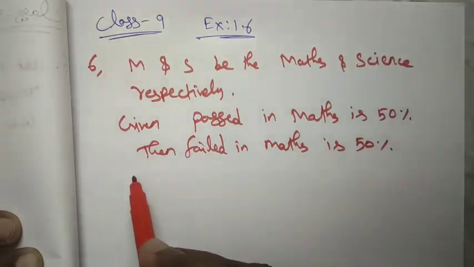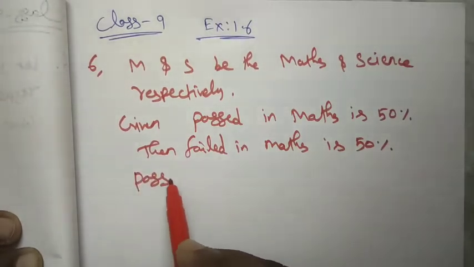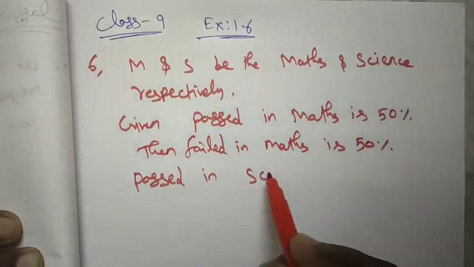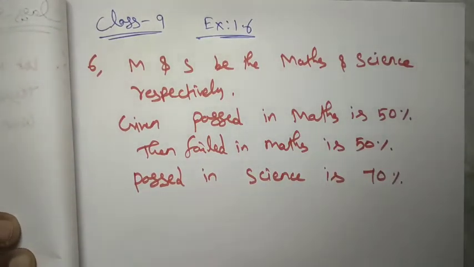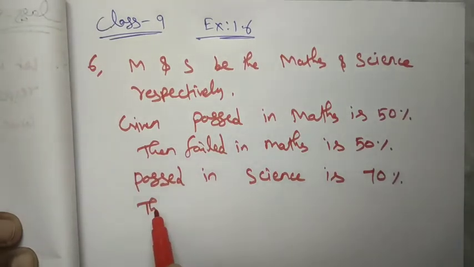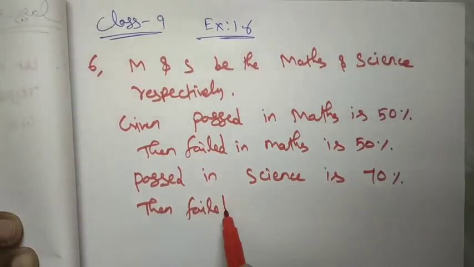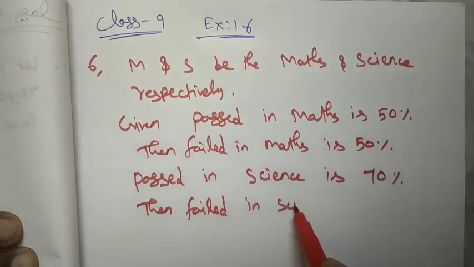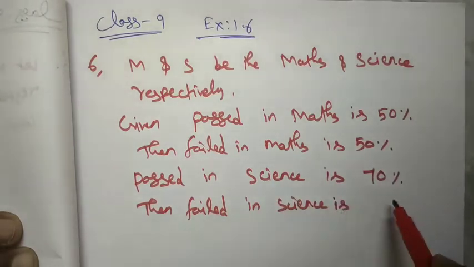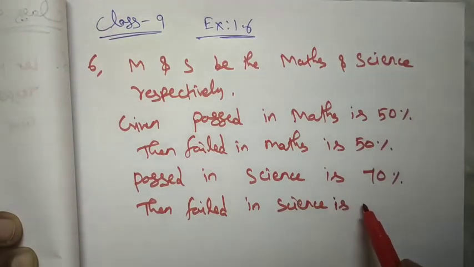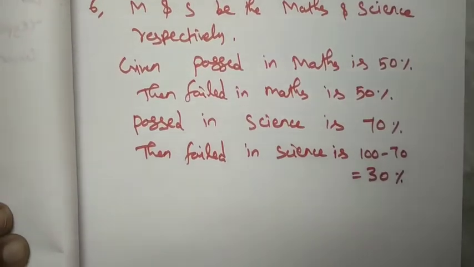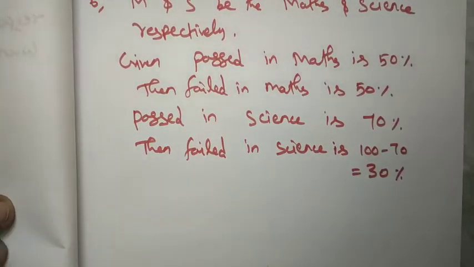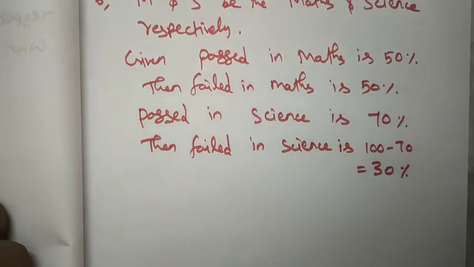And then given passed in science, the percentage passed in science is 70%, right? Then failed is, you have to subtract this, failed in science is 30%, 100 minus 70, right? And then 10% they have failed in both the subjects.